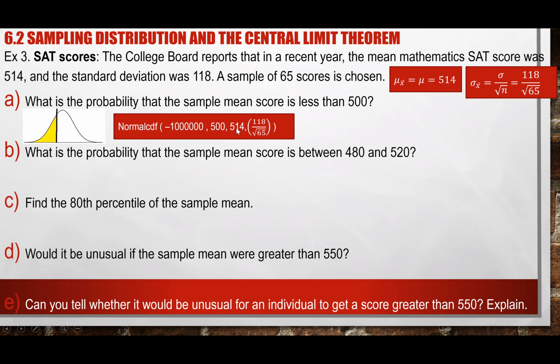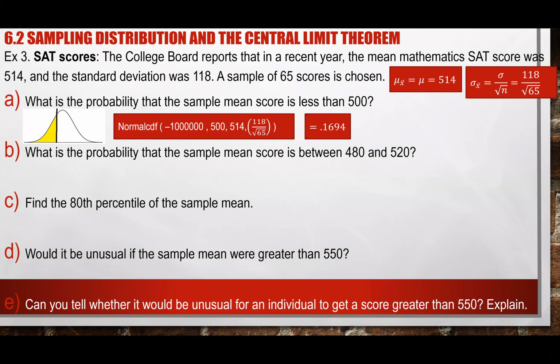My mu will be 514, and my standard deviation is the standard error, because we're dealing with a sample. Once you plug this into your calculator, which is the same item we did in 6.1, this is what you have: the probability that the sample mean is less than 500 is 0.1694, or roughly 17% of the sample will score less than 500.